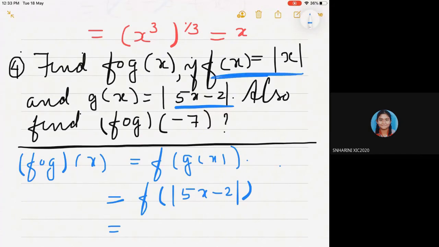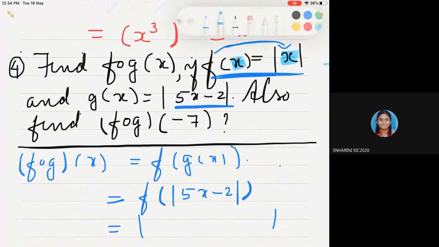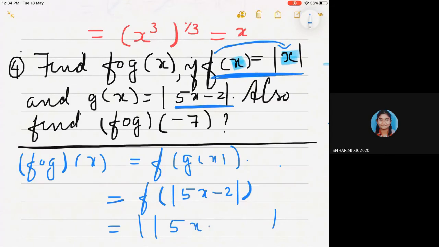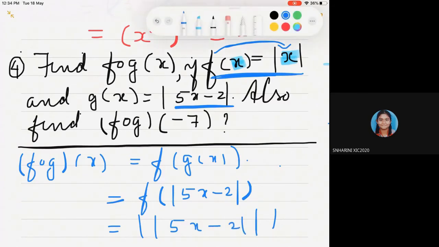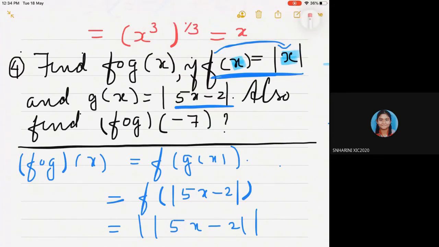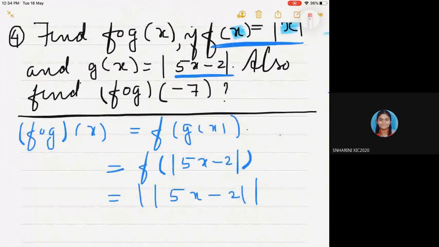So when you remove this f, in place of x, whatever is inside the modulus, you have to write. So here it is modulus of modulus 5x minus 2. So if you take modulus twice, you will get the same modulus only. So that becomes only modulus 5x minus 2.